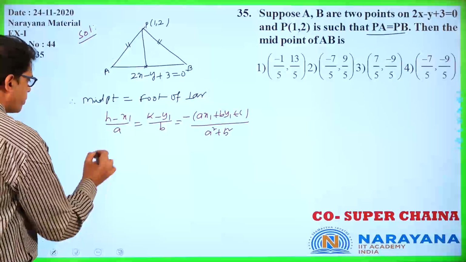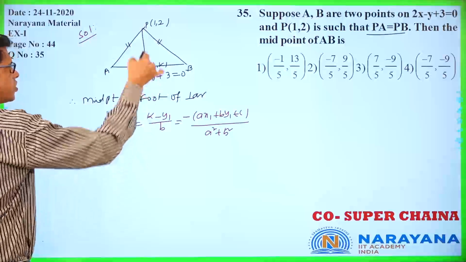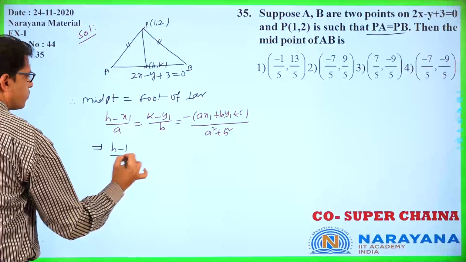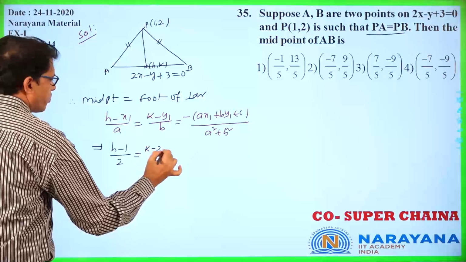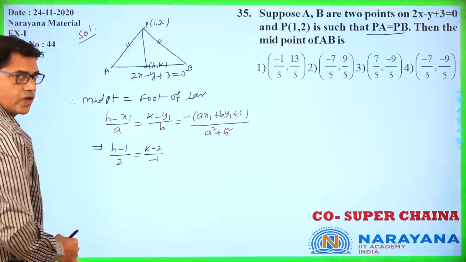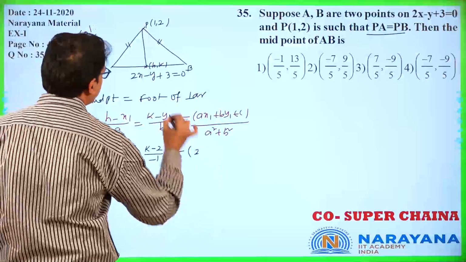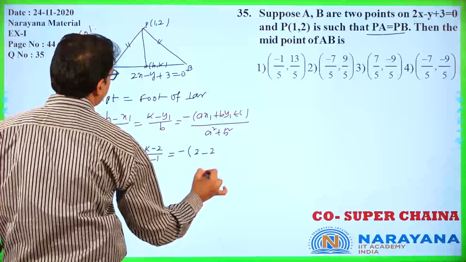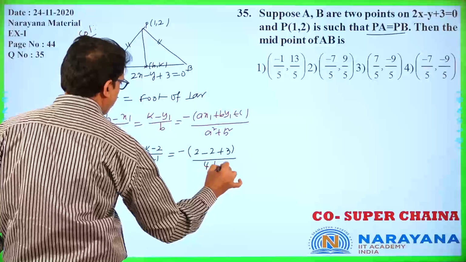This point is (h, k). h minus 1 by a value 2, k minus 2 by b value minus 1, equals minus of 2 into 1 minus 2 plus 3 upon a square plus b square, 4 plus 1.